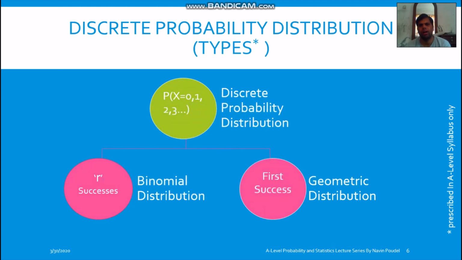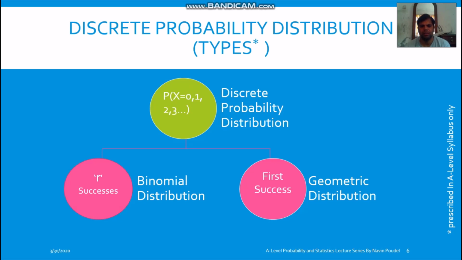So how many types of discrete probability distribution are there? There are really many different types of discrete probability distribution, but I want to confine myself to the A-level course, and the A-level course explains two discrete probability distributions. One is the binomial distribution and the other is the geometric distribution.